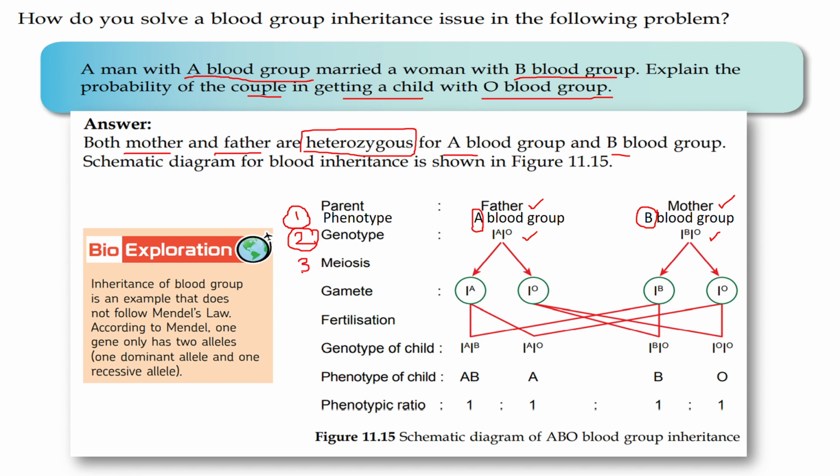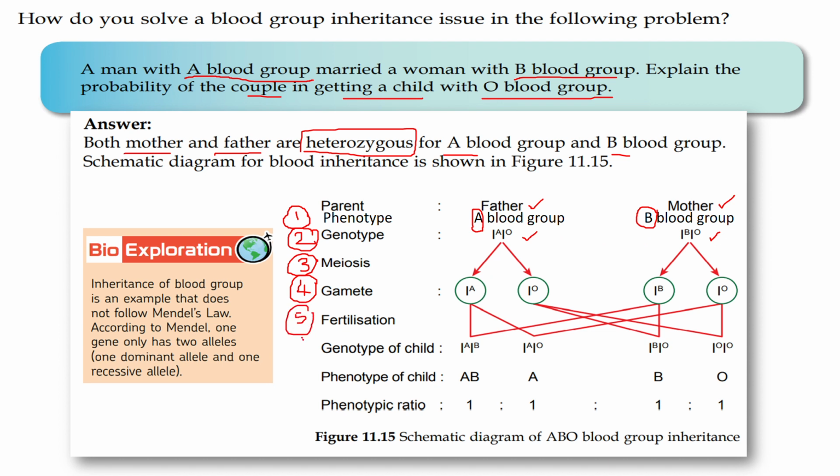Next, meiosis takes place to form gametes. So this is the format of writing it. There are 4 types of gametes over here, in which each gamete will inherit only 1 allele from the pair. Random fertilization happens.